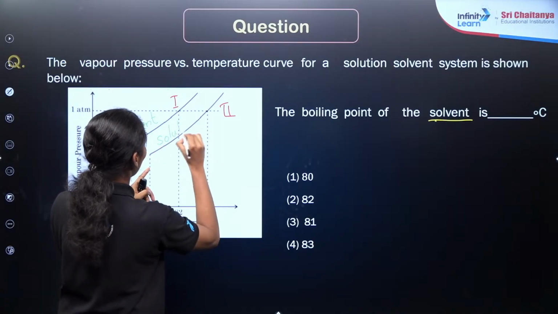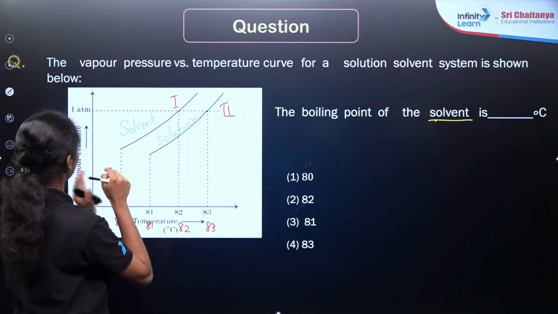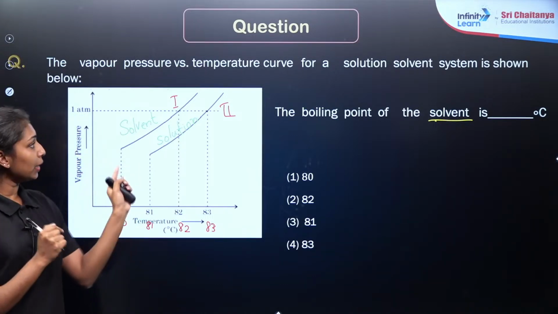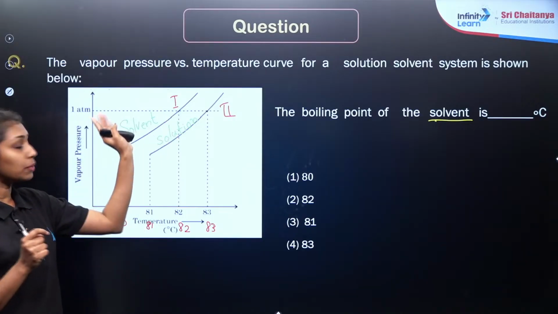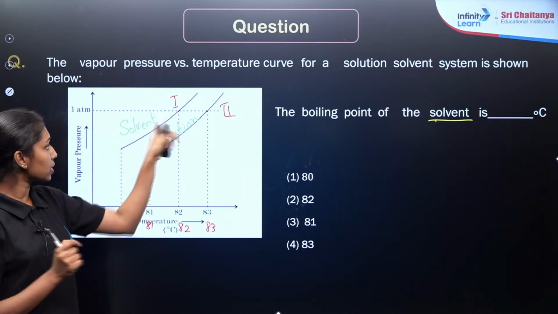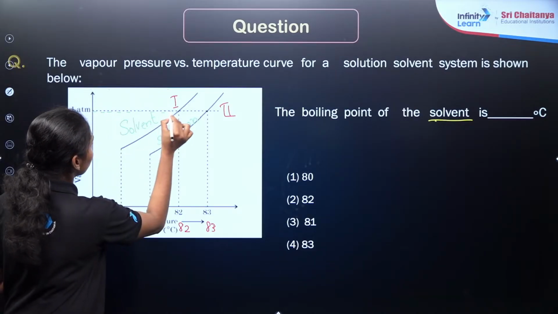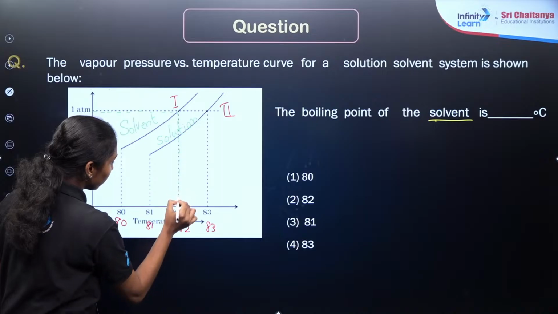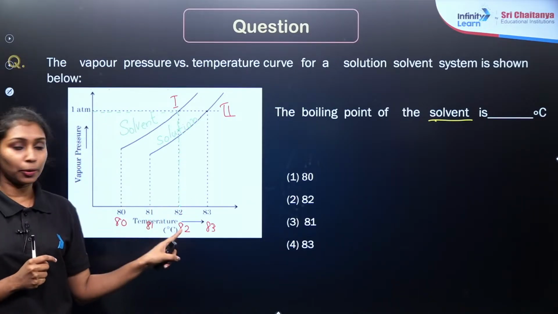If you are adding a non-volatile solute to the particular solvent, you will get the solution with a low vapor pressure here, right? So, according to our definition of boiling point, it is the temperature at which vapor pressure is equal to 1 atmospheric pressure, right? As you are given here, this is the dotted line. If you are marking here for the solvent, what will be the temperature at which vapor pressure is equal to 1 atmosphere? That will be the boiling point of the solvent, right?